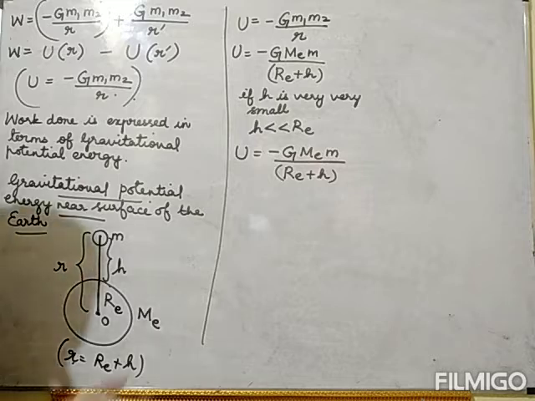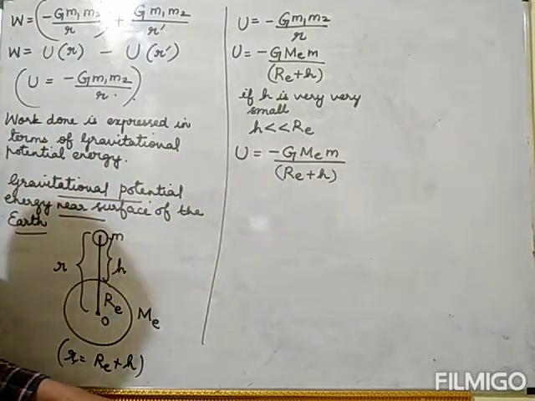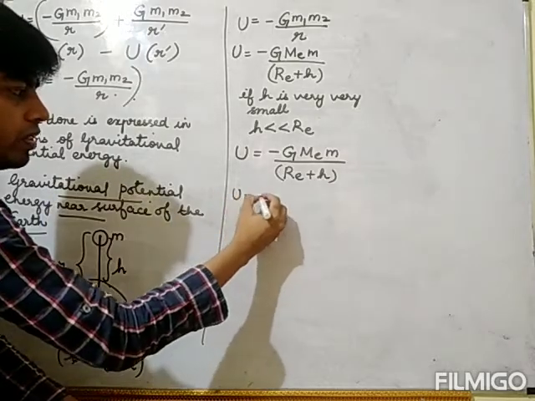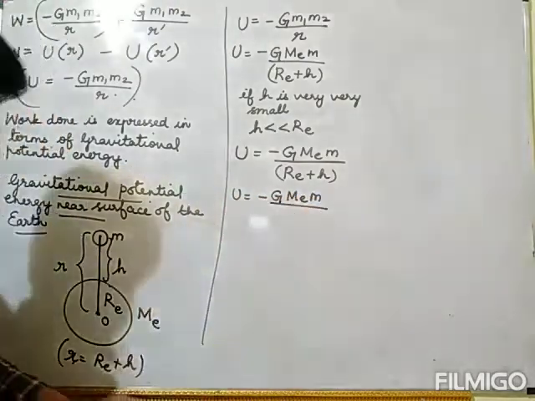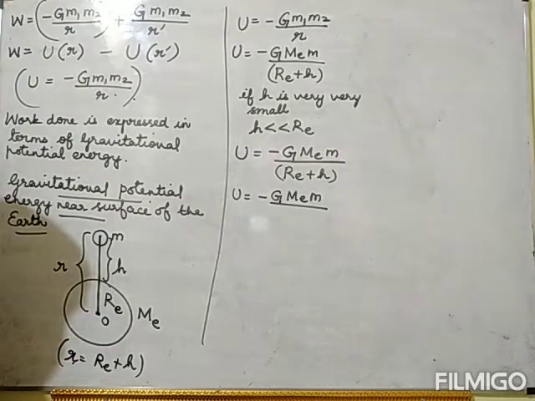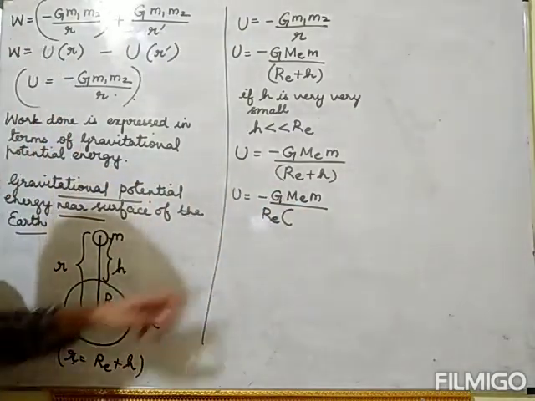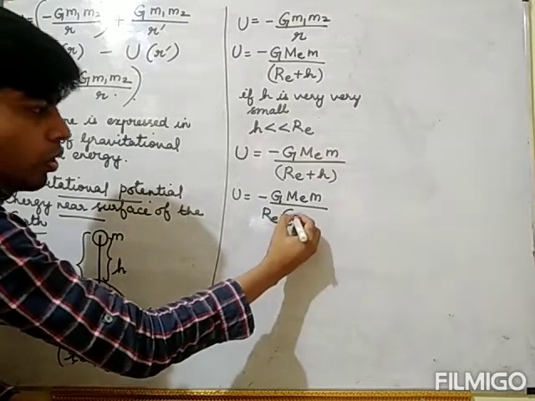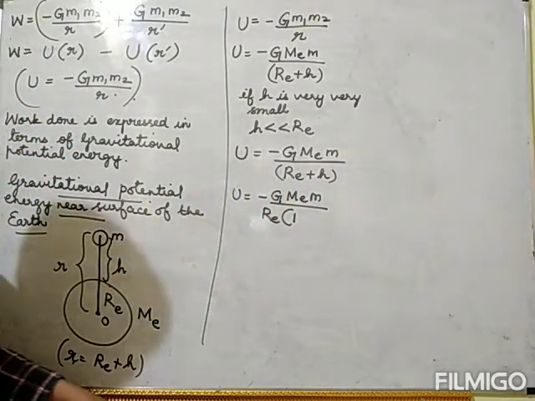Now first I will take this Re outside commonly. What I will get? U is equal to minus G Me into m divided by, if I take this Re outside commonly, Re into 1, I will get Re. Yes or no?